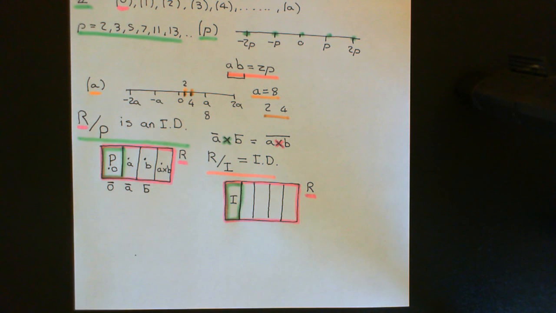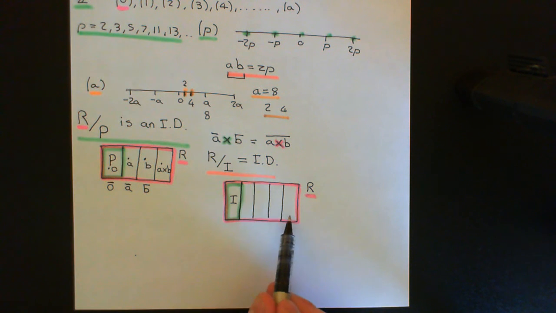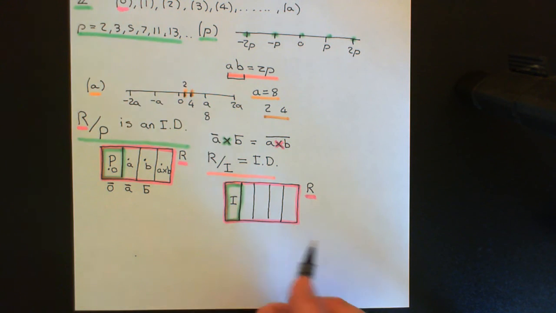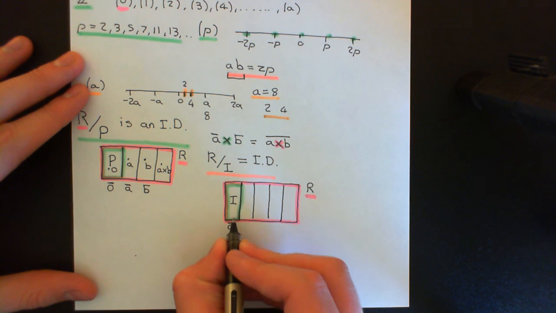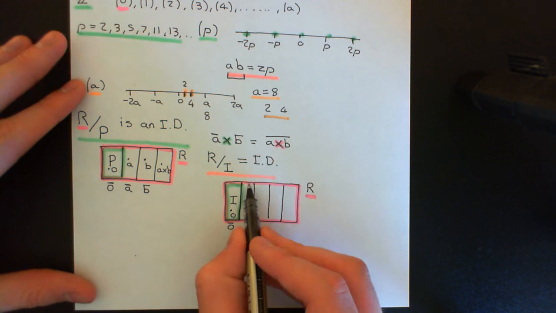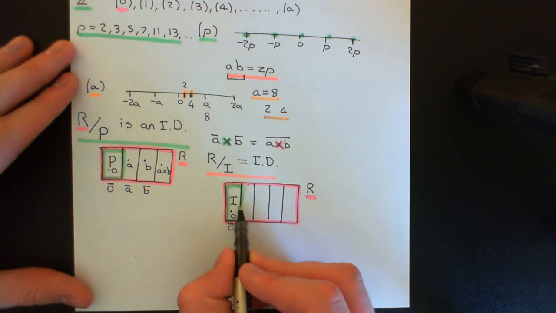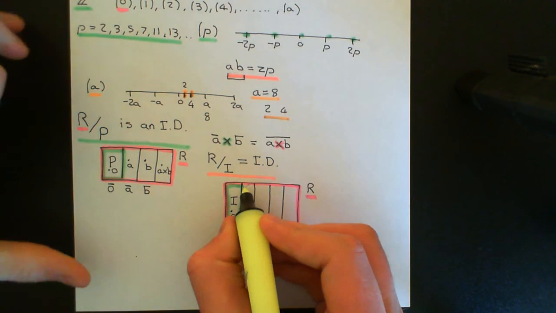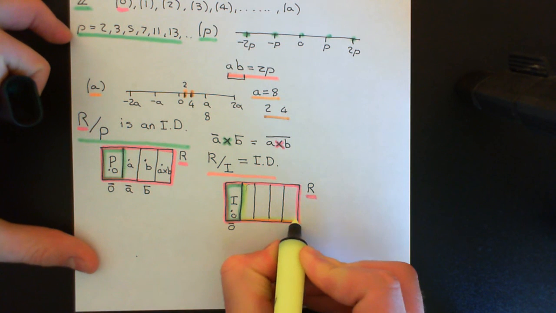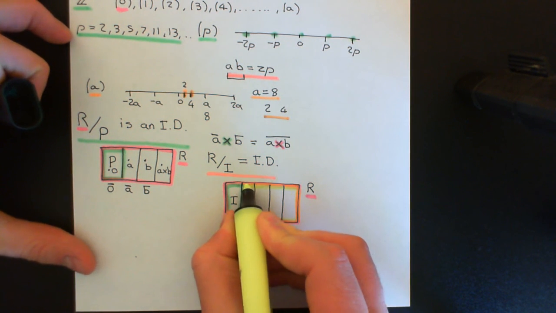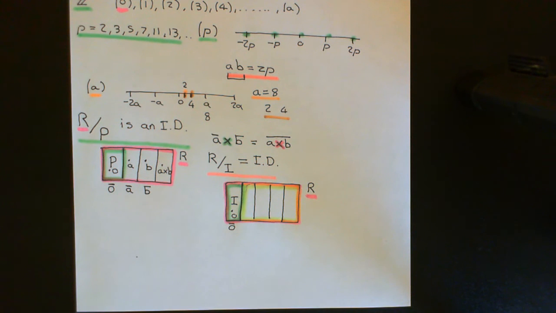So we are given the fact that if we multiply two non-additive identity cosets, so any of these cosets, remember this one will be the additive identity coset here, so any of these non-additive identity cosets, so I'll just circle these in yellow, if we multiply any two of those together, we end up with another coset that is not the additive identity.